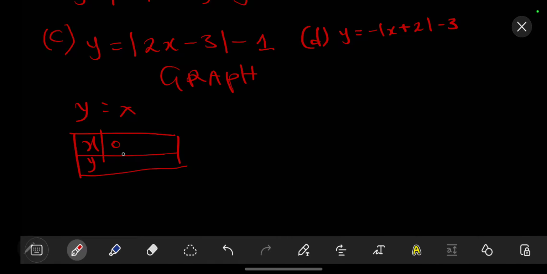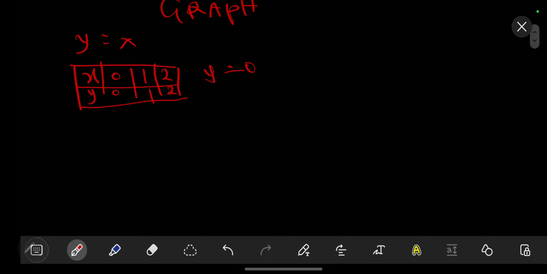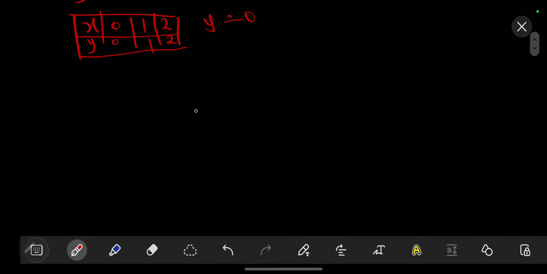If I put 0, y will be equal to 0. If I put 1, y will also be equal to 1, because this is y is equal to x. If I put a 2, y will be equal to 2.